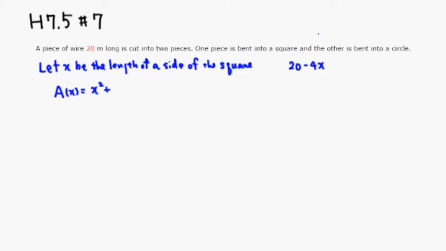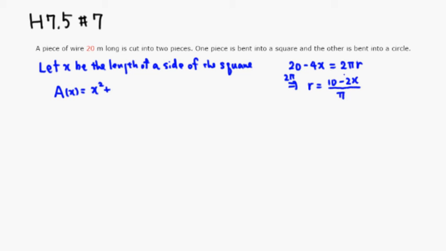So in order to find the area, we have to know the radius, and this is going to be equal to the circumference, 2 pi r. I'm going to divide through by 2 pi, and it looks like r is going to be 10 minus 2x over pi.